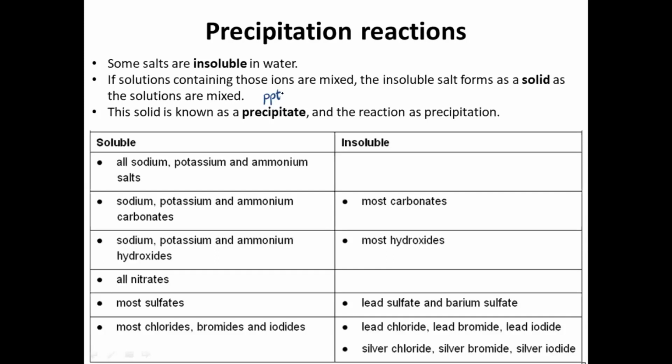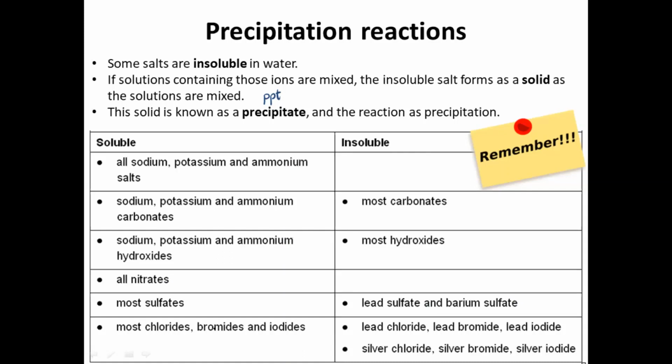Now, this is a summary from the GCSEs, and it still applies, of knowledge that you need to remember. So you need to remember that all sodium, potassium, ammonium salts are soluble, and that includes carbonates and also hydroxides of sodium, potassium, and ammonium. All the nitrates are soluble, most sulfates, with the exception of lead sulfate and barium sulfate.